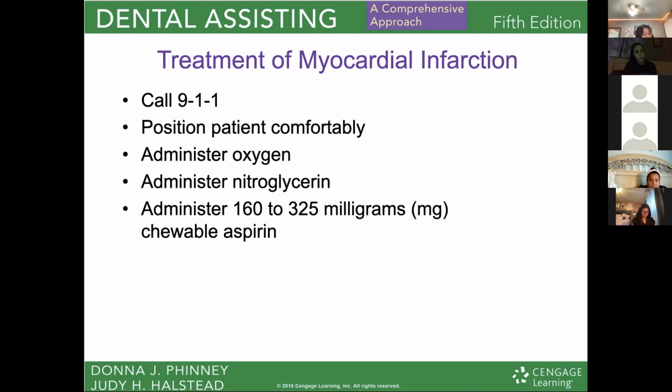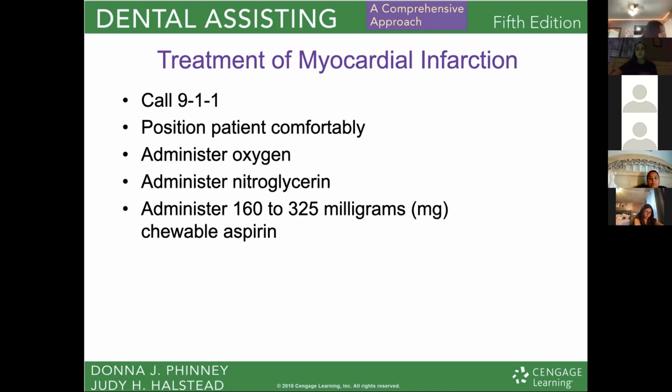So the treatment of myocardial infarction, you should immediately call 911, position the patient comfortably, start administering oxygen, administer nitroglycerin if you haven't already, and then you want to give them aspirin. So this is 160 to 325 milligrams of chewable aspirin.